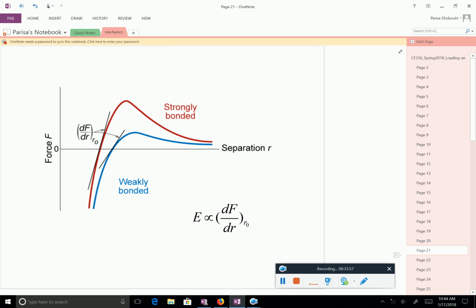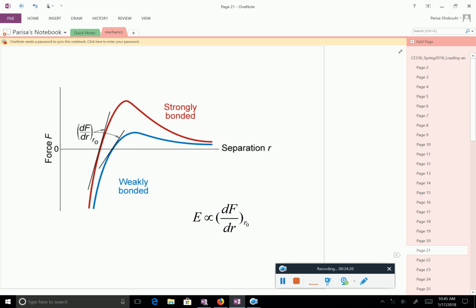It turns out that if you had a way to go and look at how two atoms are bonded with each other, we actually can measure that today. This is interatomic force versus interatomic separation.